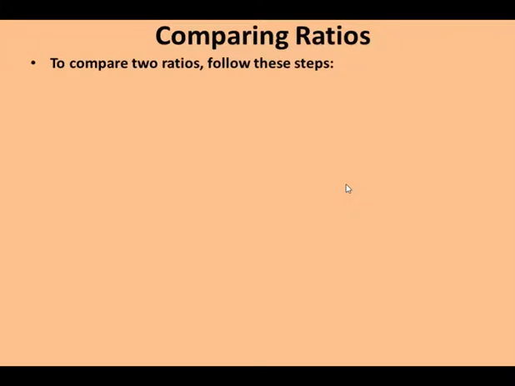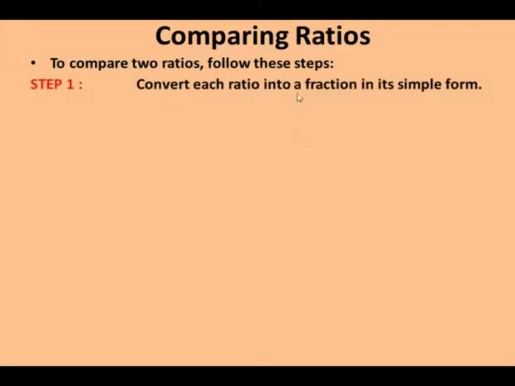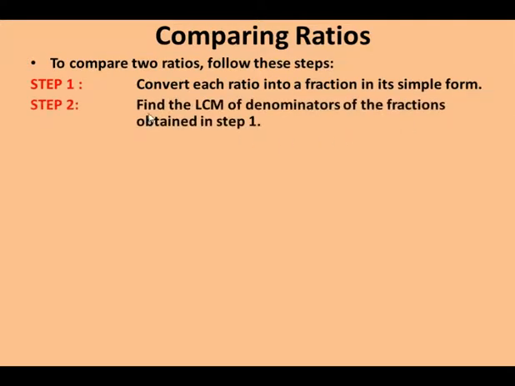Then we come to comparison of ratios. How do we compare ratios? To compare two ratios, we follow these steps. First, convert each ratio into a fraction in its simplest form. Then find the LCM of the denominators of the fractions obtained in step 1.